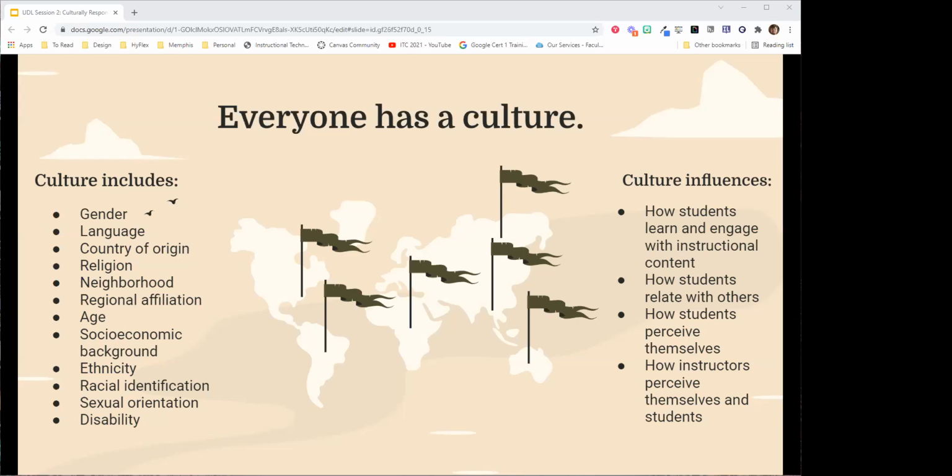This means their primary way of knowledge transfer and making meaning is oral, and it is active. So if we're looking at these two things, we can see that culture includes many different things. And also we see the influences and how we can think about them when we are building content and providing instruction to the students. So next slide.